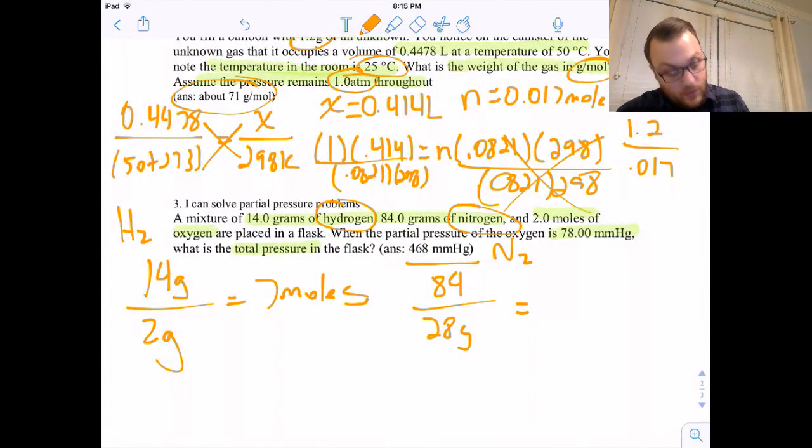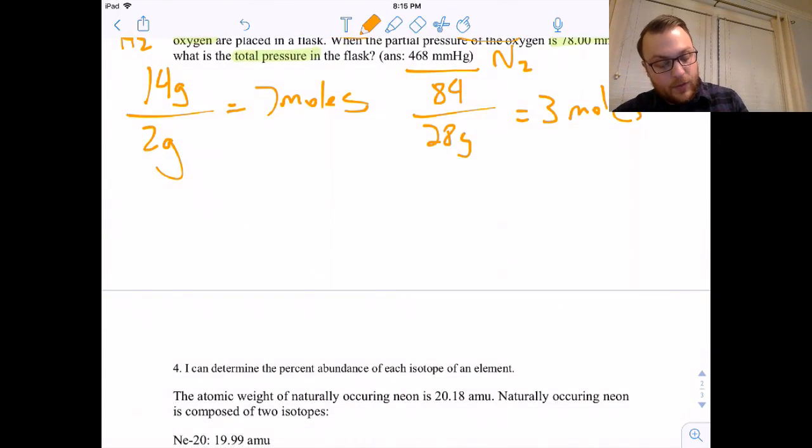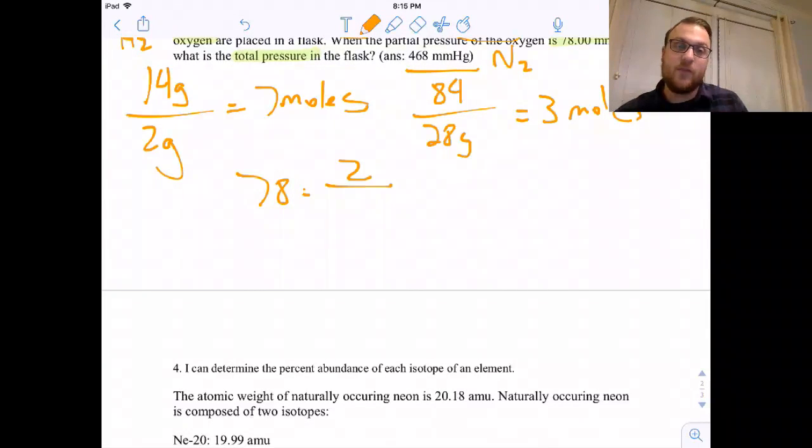So our total moles, so if we set up our equation here, we got the partial pressure of oxygen is equal to the moles of oxygen divided by the total moles, which is going to be 7 plus 3 plus 2, which is 12, times our total pressure, which is unknown.